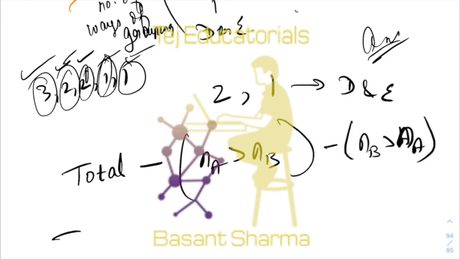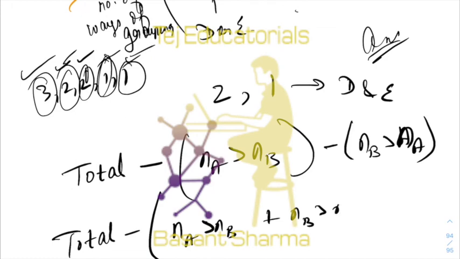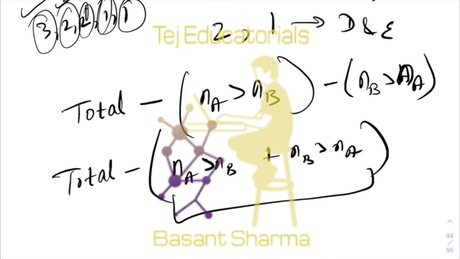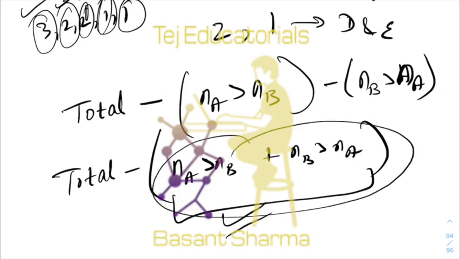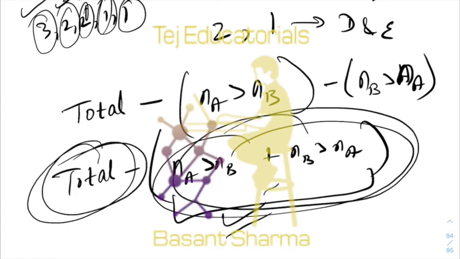So total minus (NA greater than NB plus NB greater than NA). And this we have done previously in one of the parts, right? We have this and we have the total. So you subtract that from the total. This is just the bijection rule.